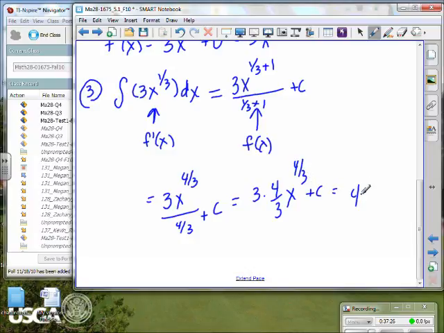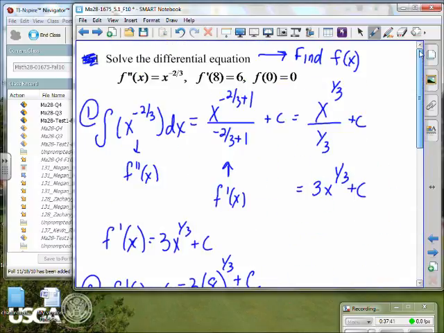Okay, or 4x to the 4/3 plus c. And this is what now? F of x. Okay. Do I know anything special about the function? Yes. I know that if the input is 0, the output is 0.